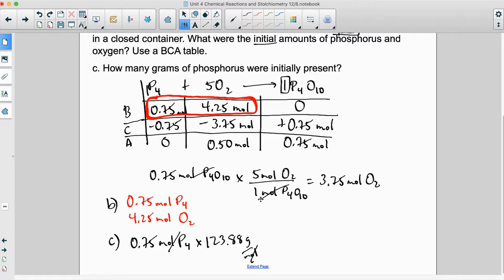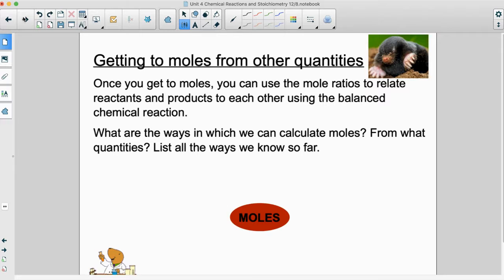And we can get the grams that way, right? Multiply by the molar mass, and we get 93 grams of P4. So that gives us the answer to part C.